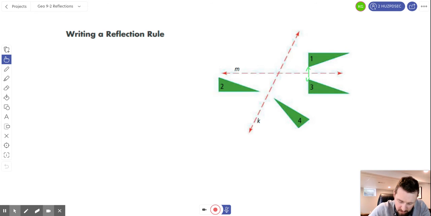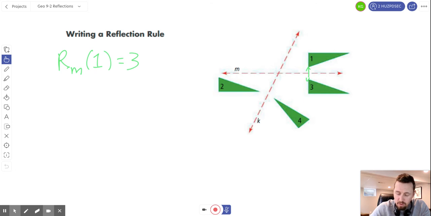So our rule could go either way, but we'll start with R for reflection, and we're going over line M of 1 equals 3. Okay, so we are saying that figure 3 is the reflection of figure 1 over line M.